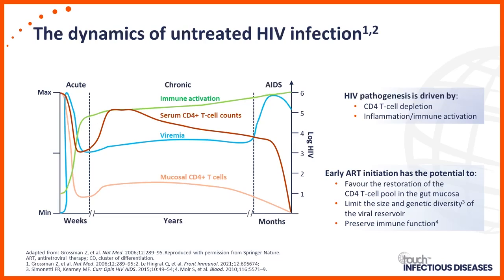And an early start of antiretroviral therapy is beneficial because it allows the immune system to recover for a large part, and lifelong successful therapy adds many decades of healthy life. Very early therapy also preserves the mucosal CD4 T cell pool. It limits the size and genetic diversity of the viral reservoir, which is important for resistance development, and it preserves immune function.